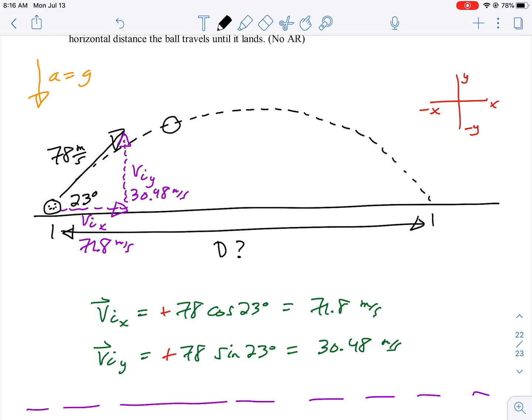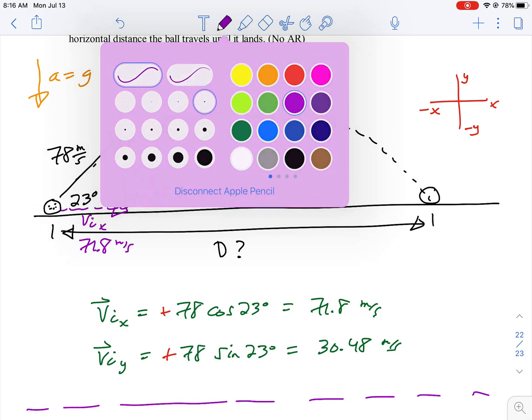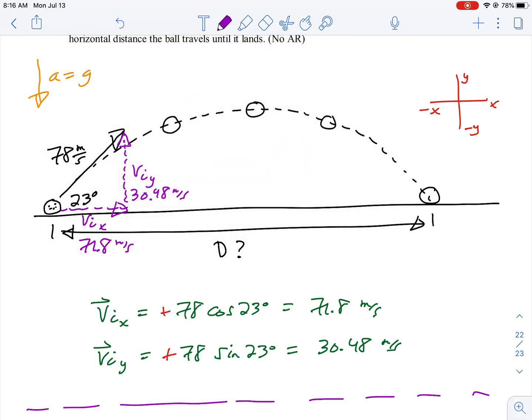I'll put the object there, then at maximum height, then here, then just before it lands on the other side. And if we show the components here, that horizontal component will stay the same all the way through the entire motion. So that will always be 71.8 meters per second all the way through.